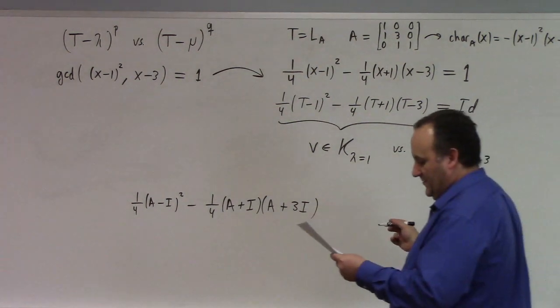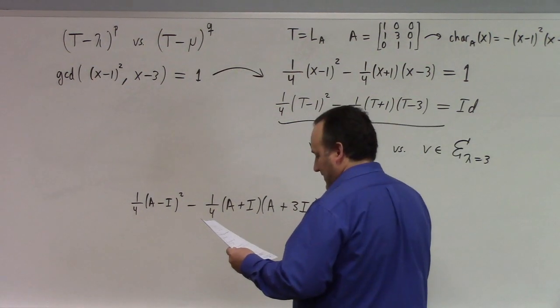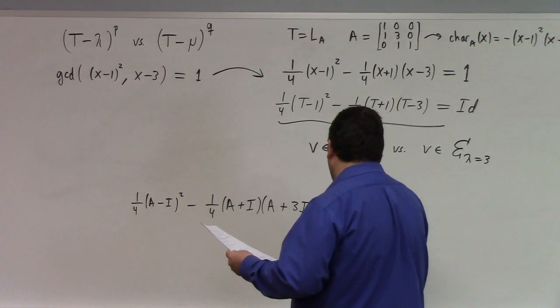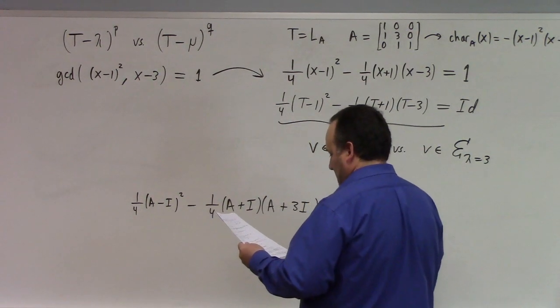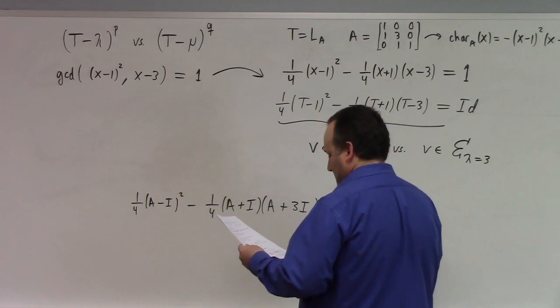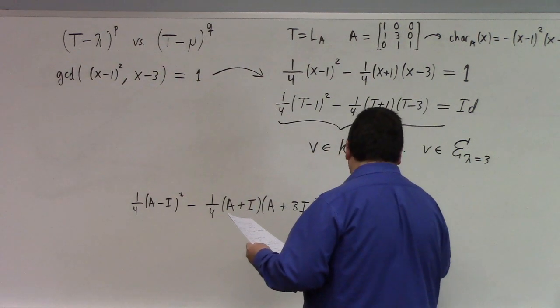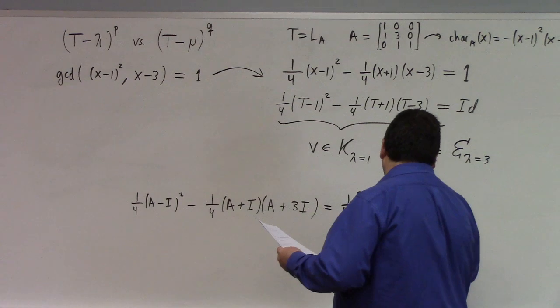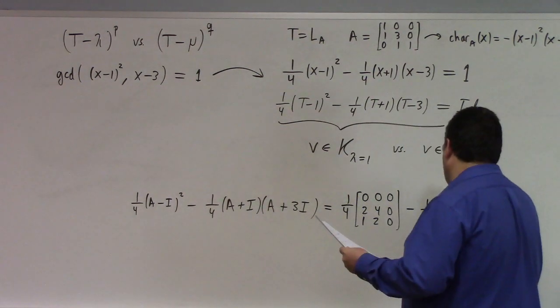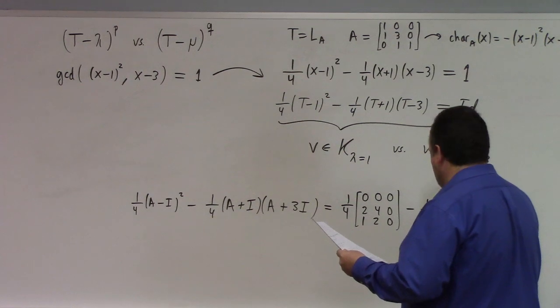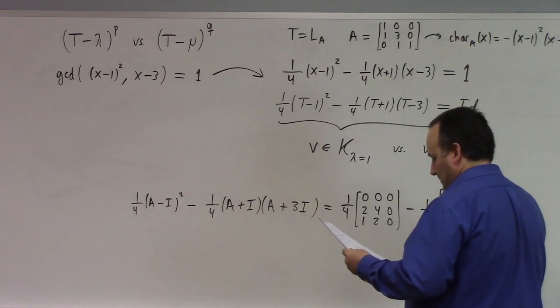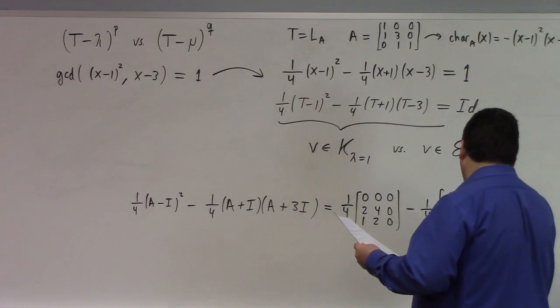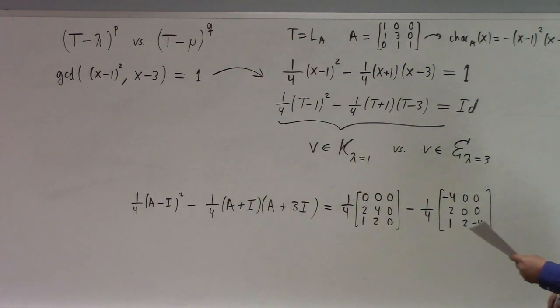Then I worked it out, and (A minus I) squared works out to [0, 0, 0; 2, 4, 0; 1, 2, 0]. And then you've got minus 1/4, and I'll do the multiplication for you because we all want to start the weekend. Minus [4, 0, 0; 2, 0, 0; 1, 2, minus 4]. When you multiply those out, what does that give you?